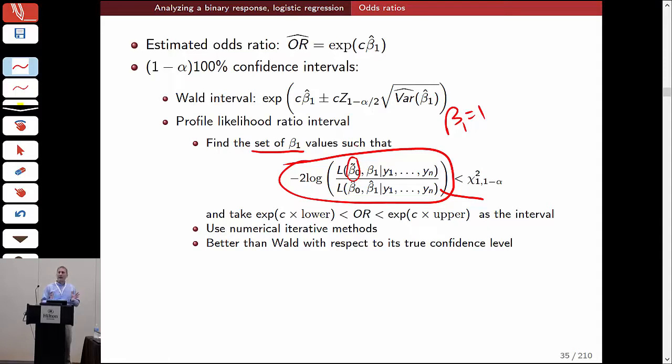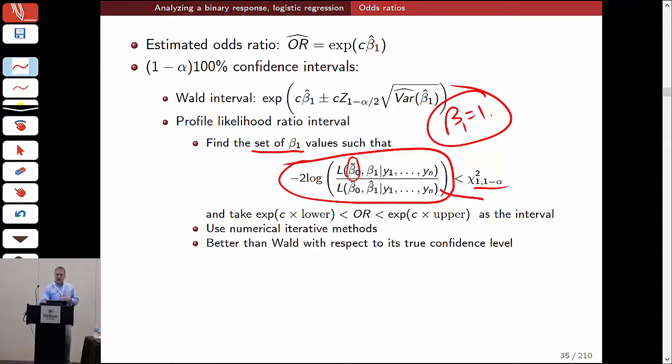Then I evaluate that likelihood function, find out what the whole value would be, do negative 2 log of it, and check, is it less than the 1 minus alpha quantile from chi-square 1? So if alpha was 0.05, this would be 3.84. If what's on the left side is less than that quantile from the chi-square, that means that beta 1 equal to 1 has to be inside my interval.